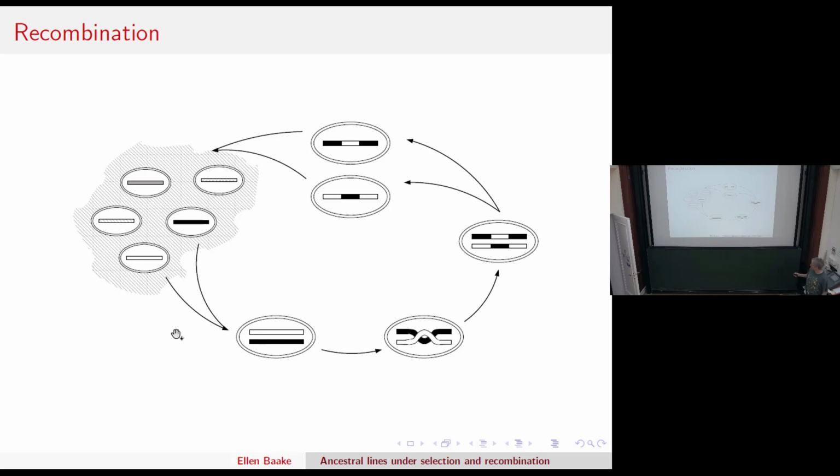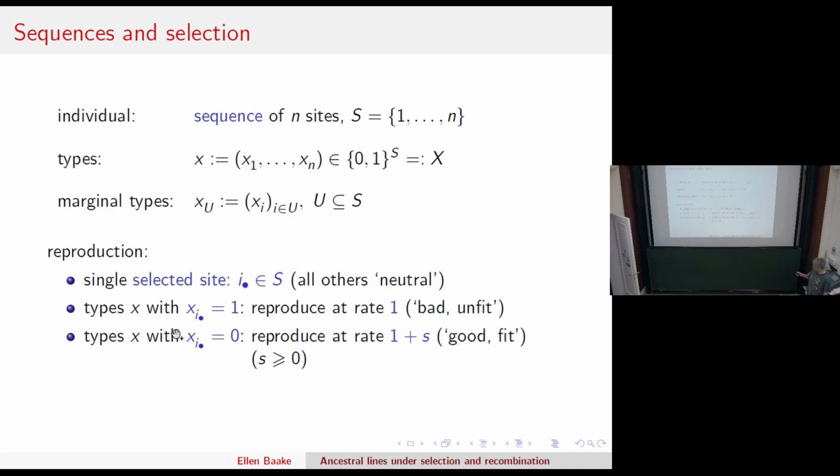I will throughout work at the level of this germ cell pool, and I will identify an individual with a sequence of little n sites collected into a set S. At every site there is a letter, little xi at site i, and it can be 0 or 1.